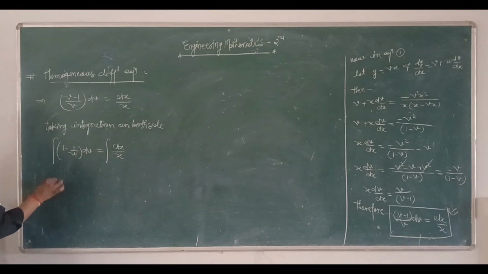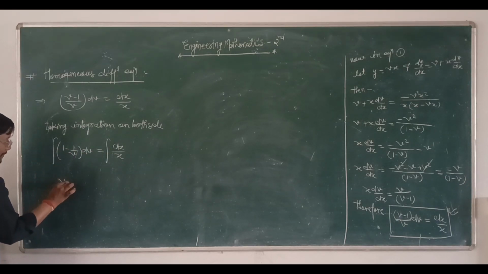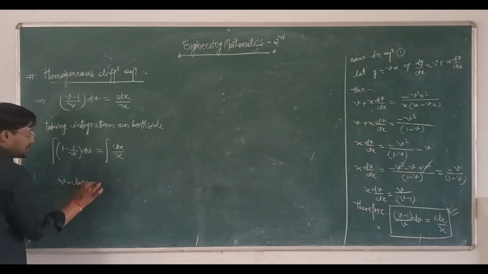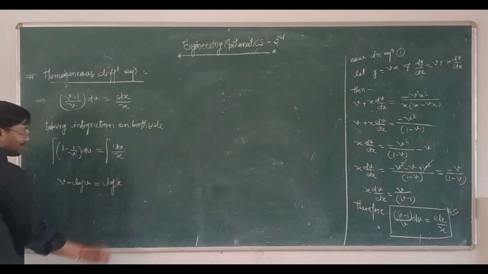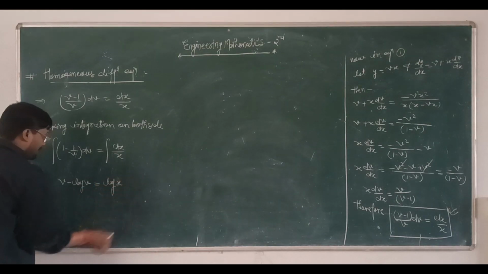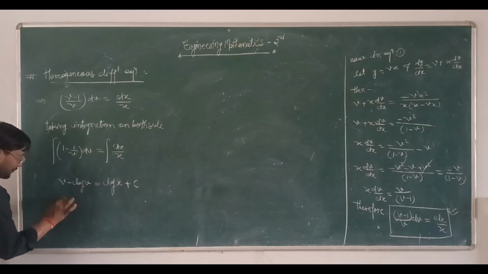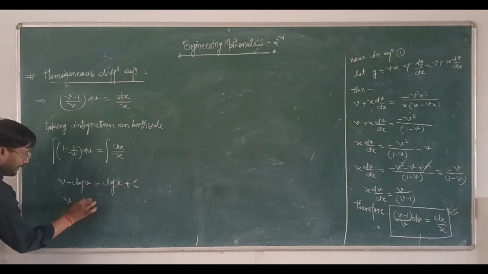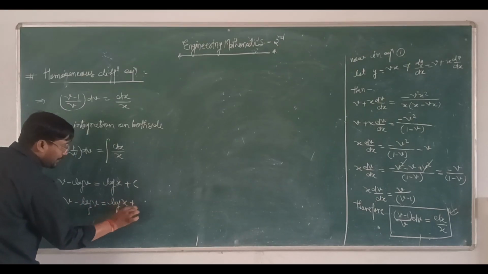Now you integrate this function. Integration of 1 is v, minus integral of 1 upon v is log v, is equal to integration of 1 upon x, which means log x, plus c. Now you can write v minus log v is equal to log x plus c.